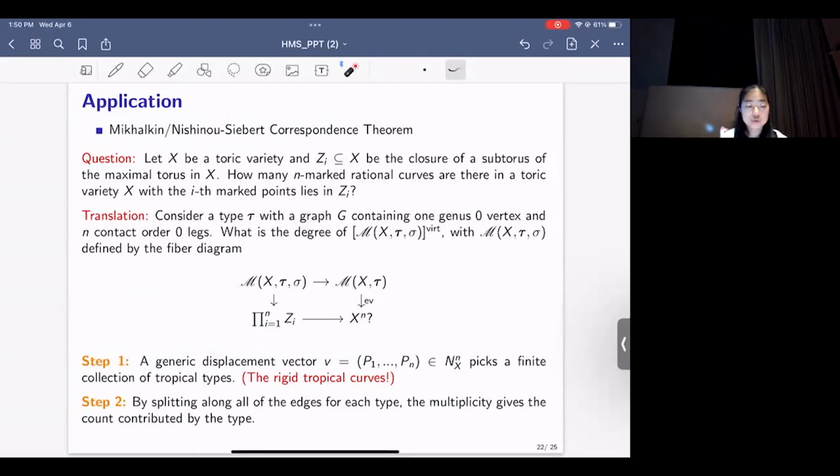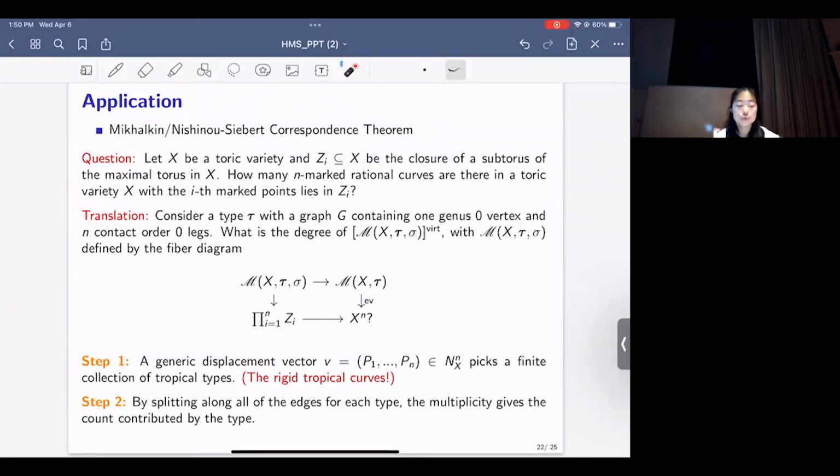So suppose that our target itself is a toric variety, and we want to study the invariants where we require some marked points to pass through the closure of the subtorus defined by some affine subspace, the linear subspace of your fan of X, and how many marked rational points there are inside this toric variety.